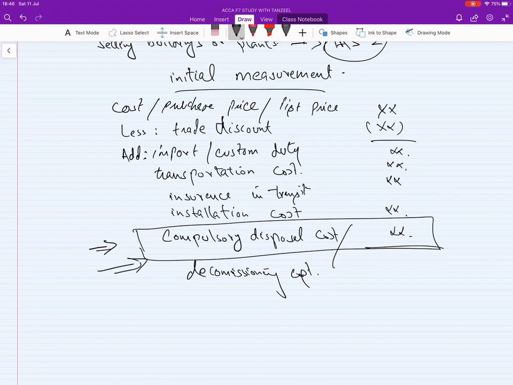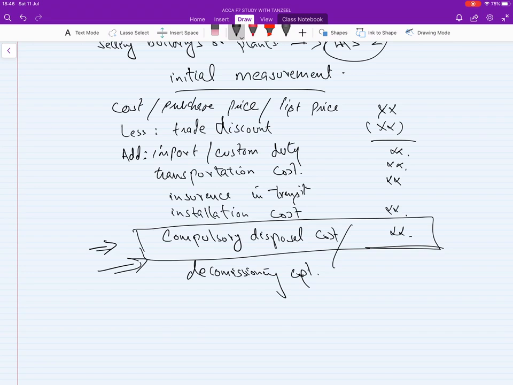So any decommissioning or dismantling cost, because you are destroying the surface by putting the plant in. Once you finish with your project, you need to remove your plant from the land, because the land was damaged, so you need to restore that land too. You need to spend more money to restore the land.